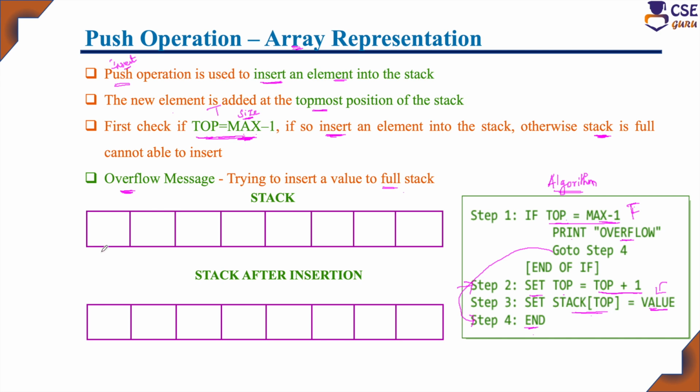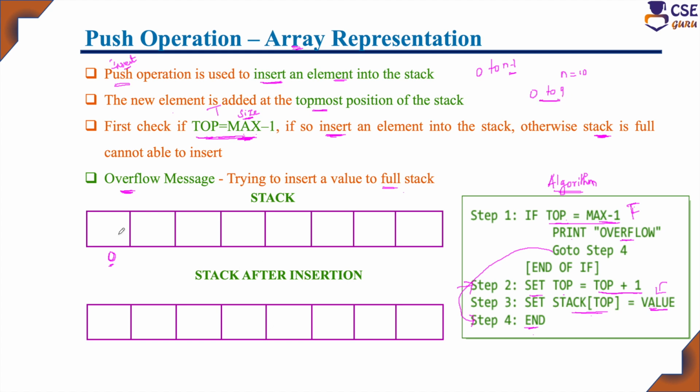So here, in array implementation, elements will be stored in sequential memory locations and the first location will be 0. Because the size of the array will vary from 0 to n minus 1. Suppose you give n as 10, the array will vary from 0 to 9.